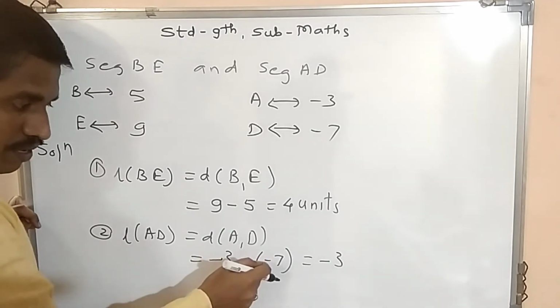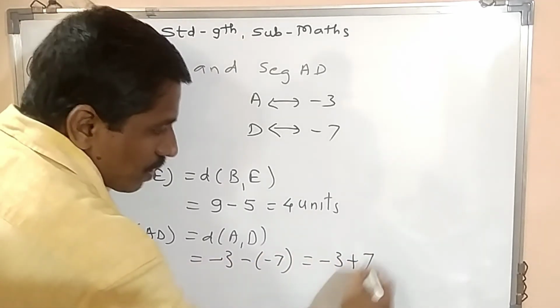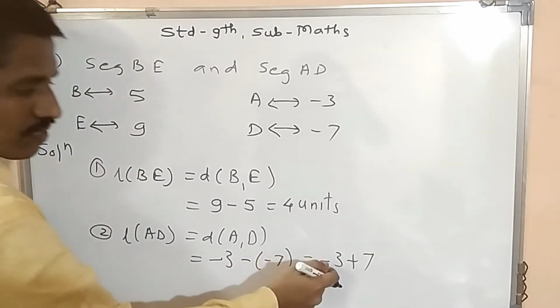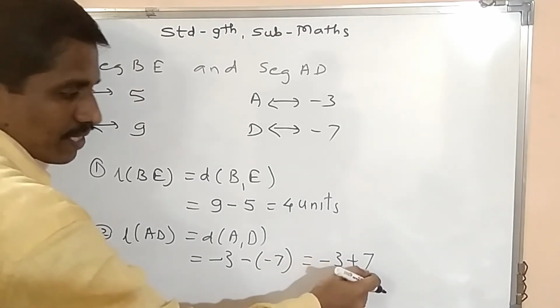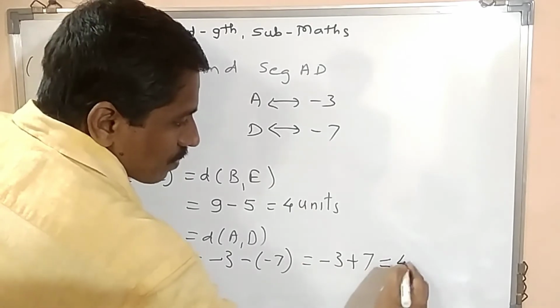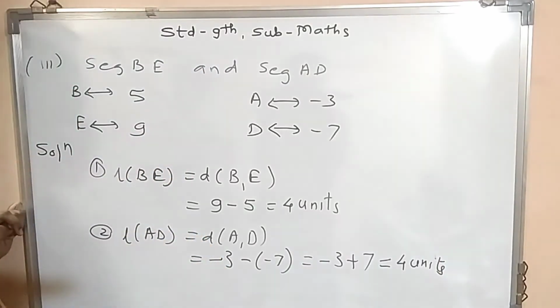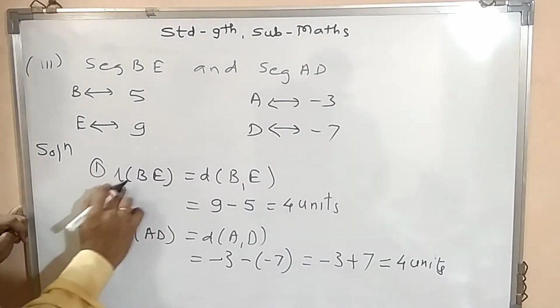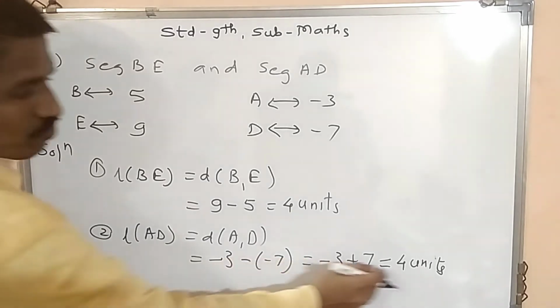But here in the bracket -7 is there, and outside the bracket a minus sign is there, so it will become plus 7. Now here this is a negative number and this one is a positive number. They have different signs, and therefore the answer is 4 units. What is the length of BE? The length of BE is 4 units. What is the length of AD? Again, it is 4 units.